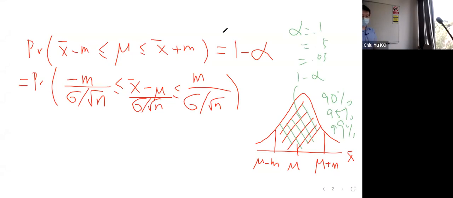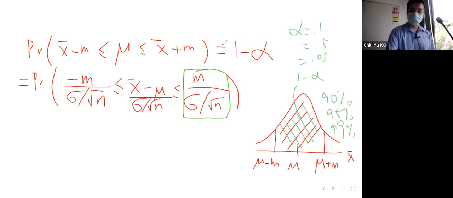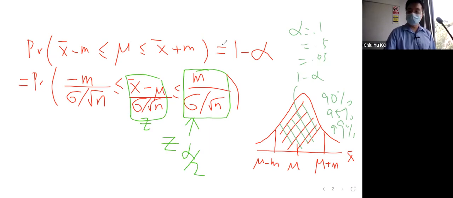From this expression we know that this guy is Z. So this guy is exactly Z alpha over 2. Why? The middle one is 1 minus alpha, so both sides must be alpha over 2, because of symmetry.